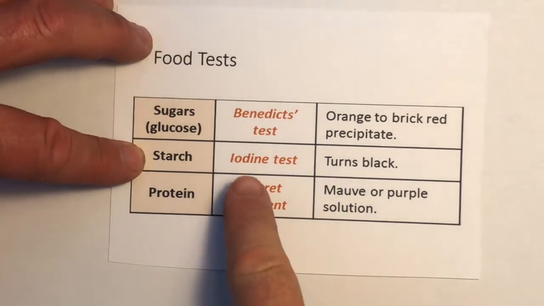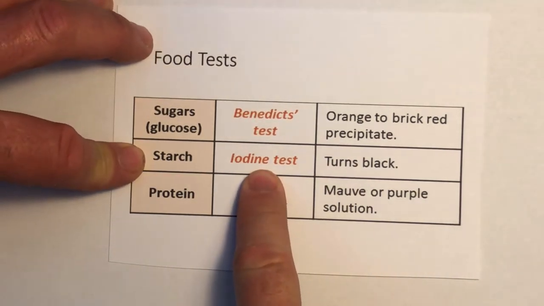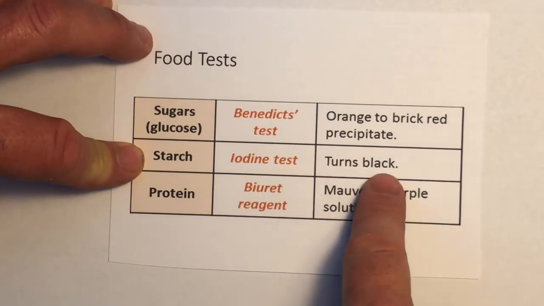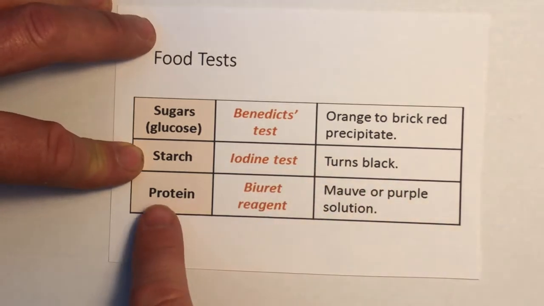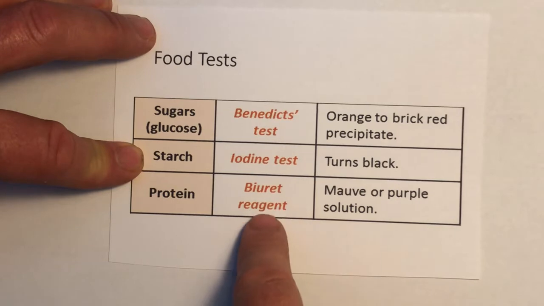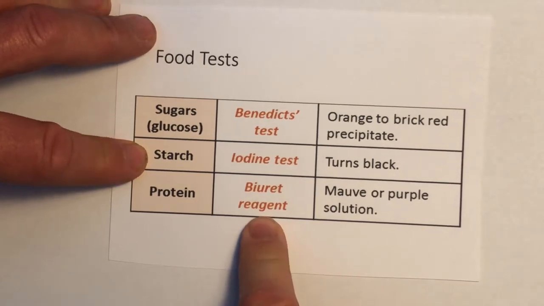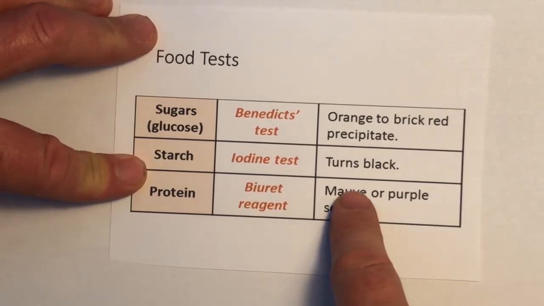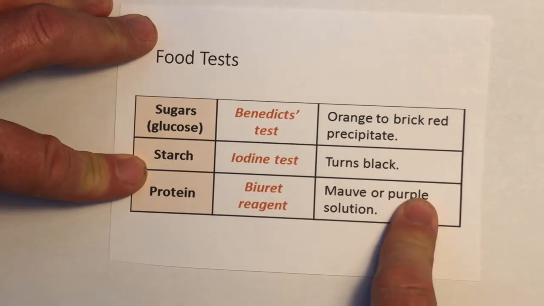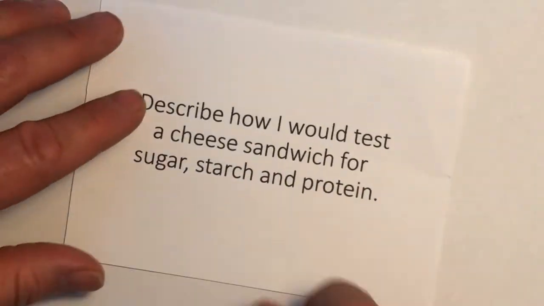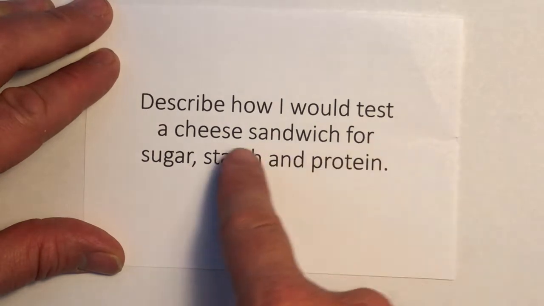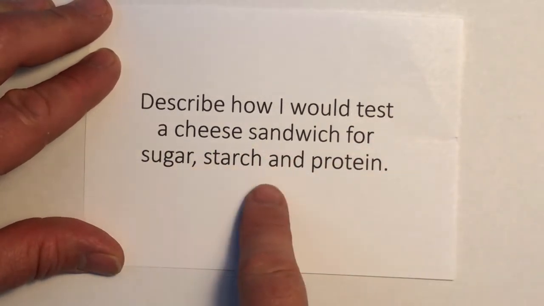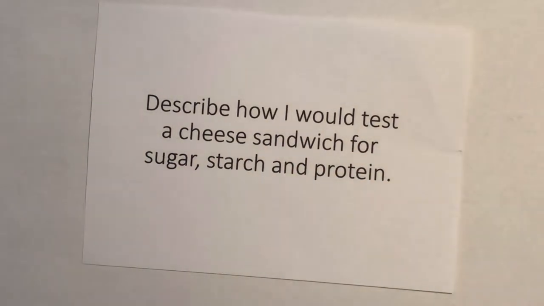I would test for starch using iodine. If there is starch present, it would turn black. I would test for protein using the Biuret reagent. If there is protein present, it would turn mauve or purple. They are the three main tests for how I would test a cheese sandwich for sugar, starch and proteins.